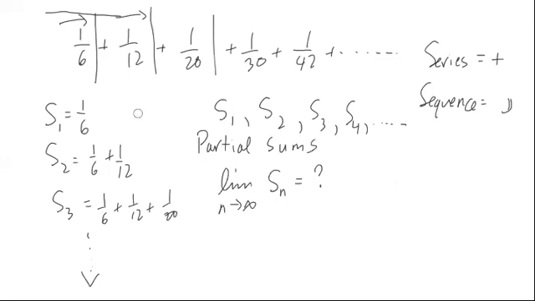First of all, we can do this in a couple different ways. So we'll begin as follows. Notice that 1/6 is the same as 1/2 minus 1/3, because if you think about your common denominator, you're going to get a 6, and 1/3 is 1/6 away from 1/2.